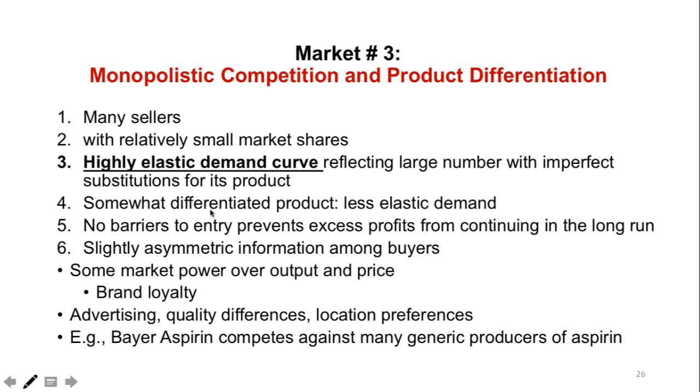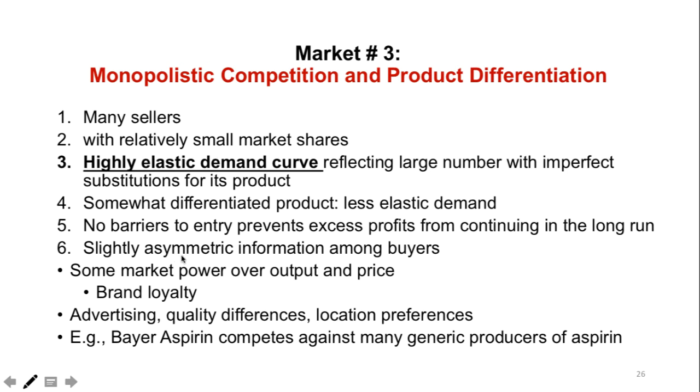So these have their own loyal customers. Although there are no barriers to entry, in the long run, if new firms see there is a profit, they enter the market, and they enter until the profit is zero.